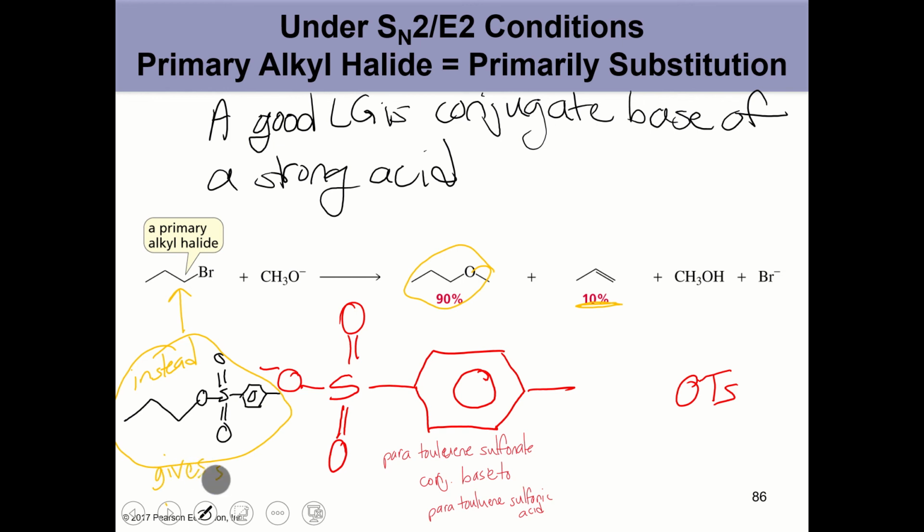So that would give the same product. So while this chapter focuses on leaving groups being halogens, don't get stuck thinking that halogens will be the only leaving groups we ever have, because that is not true.